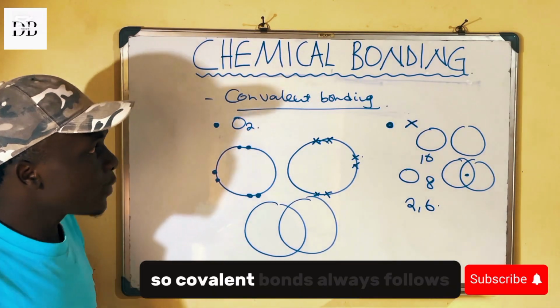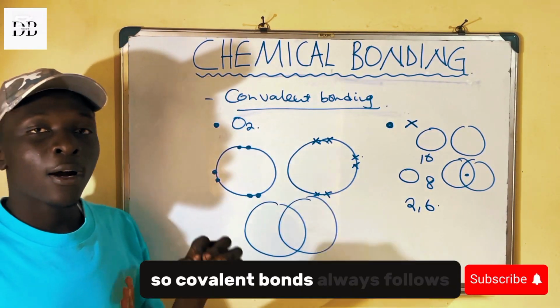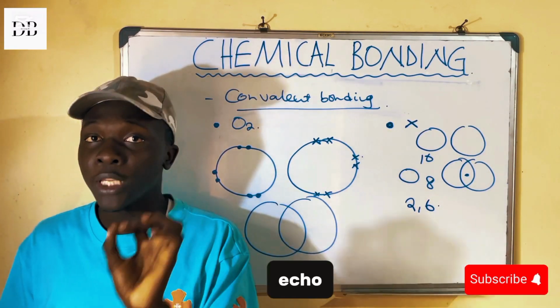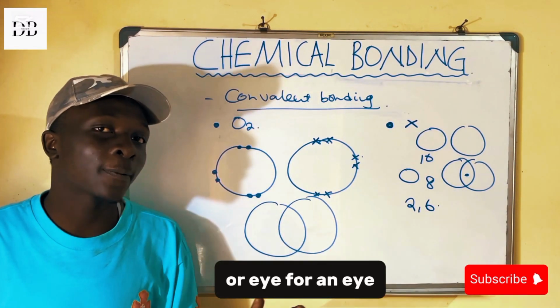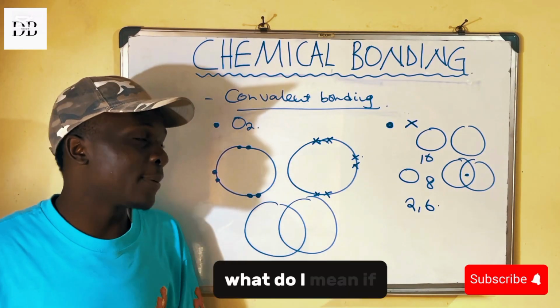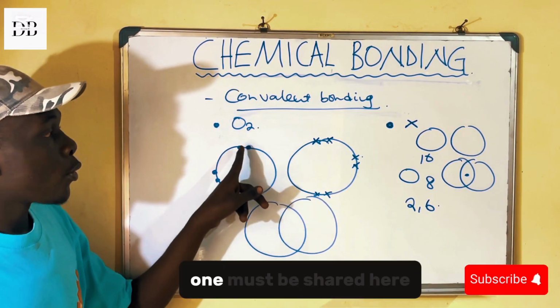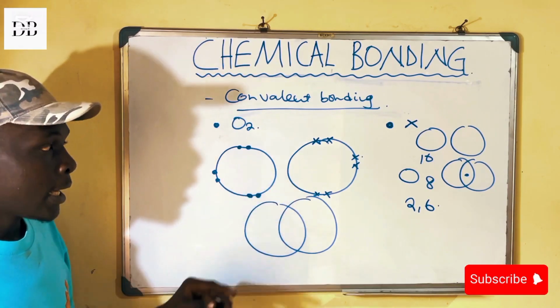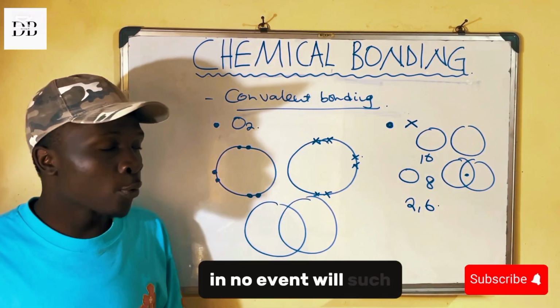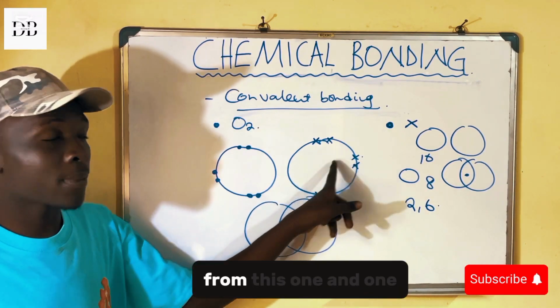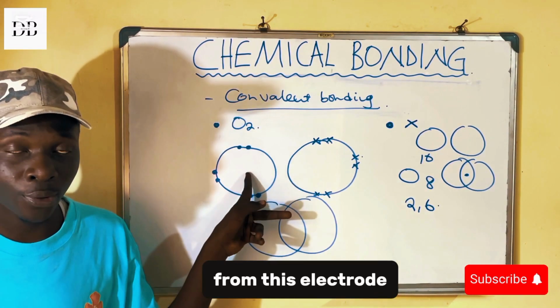So covalent bonding always follows the rule of equal to equal, or an eye for an eye. What do I mean? If I share one electron here, one must be shared here. In no event will such a thing happen such that you share two electrons from this one and one from this one.